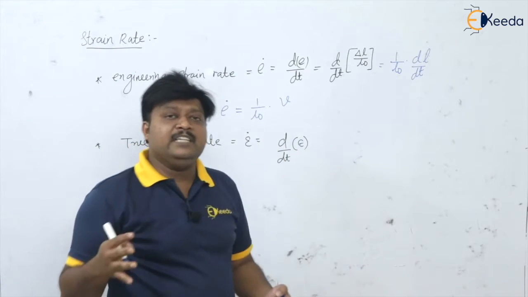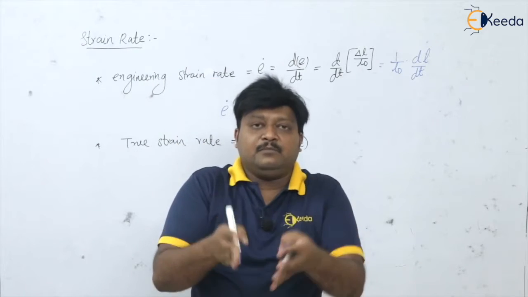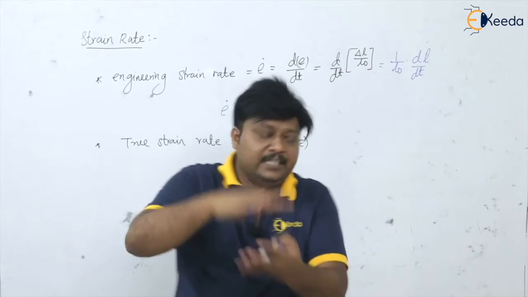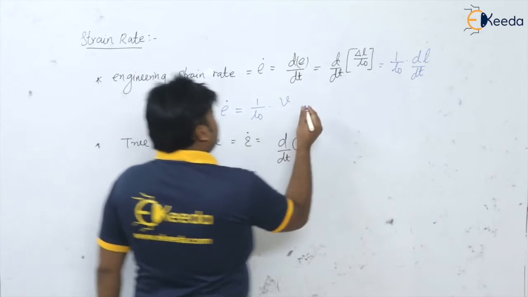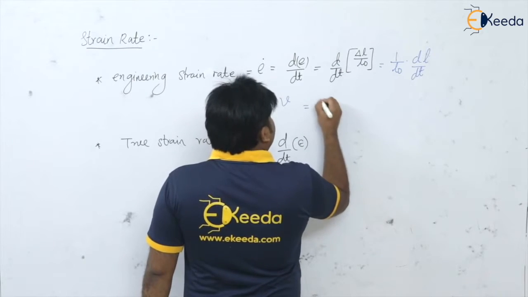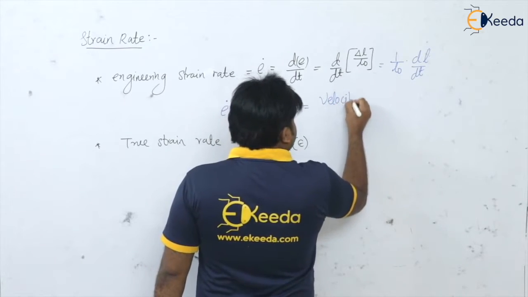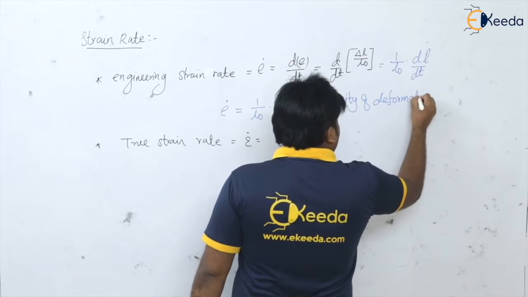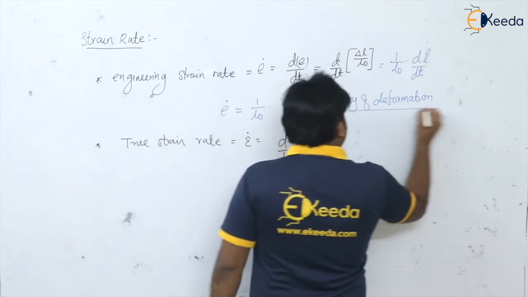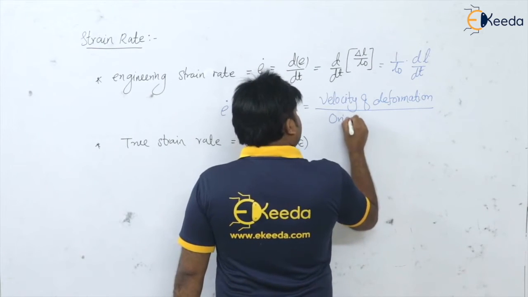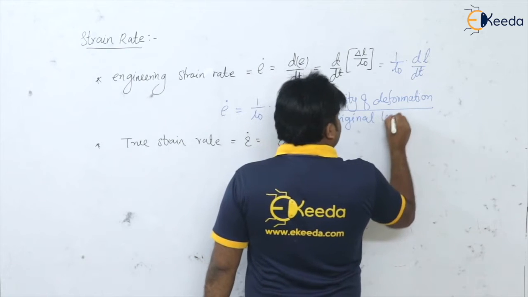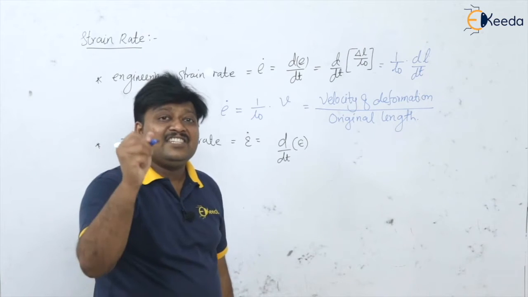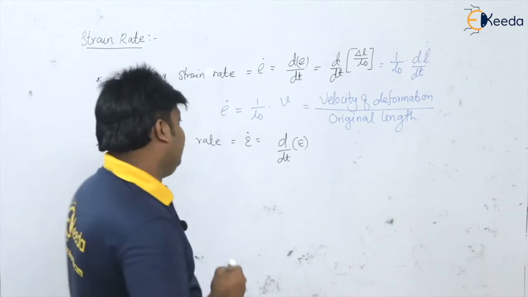The speed with which the two jaws holding this specimen come closer to each other, that speed is V, the velocity of deformation, divided by the original length. This is the formula for engineering strain rate.